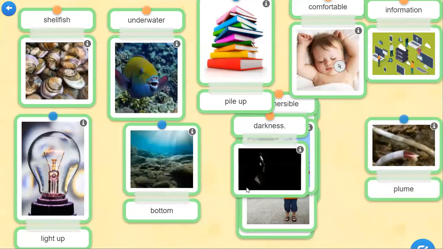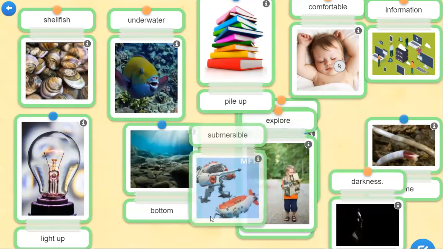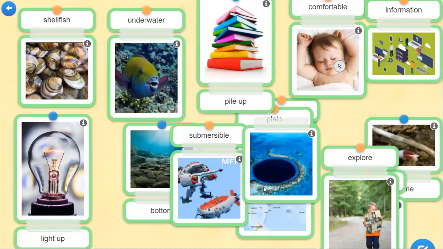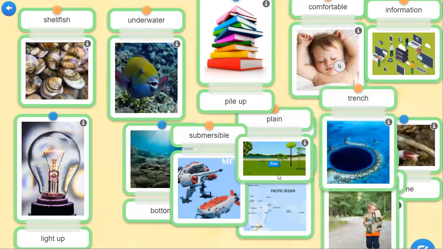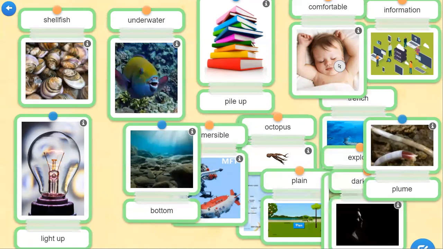Bottom. And here, darkness, okay. Submersible, and here explore, plane. These are the words we studied yesterday. Here, octopus. Now I'll select my students one by one and we are going to the next activity.